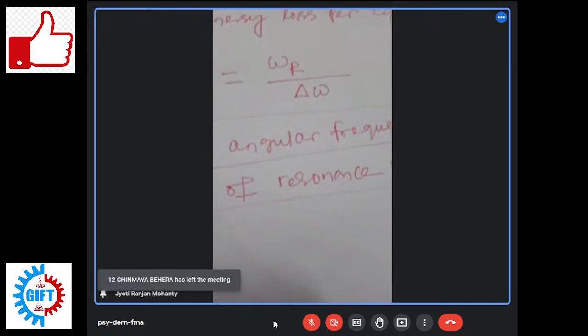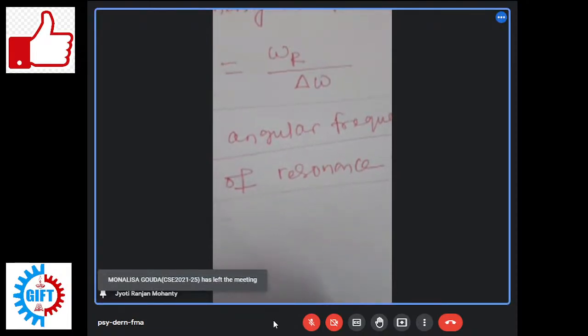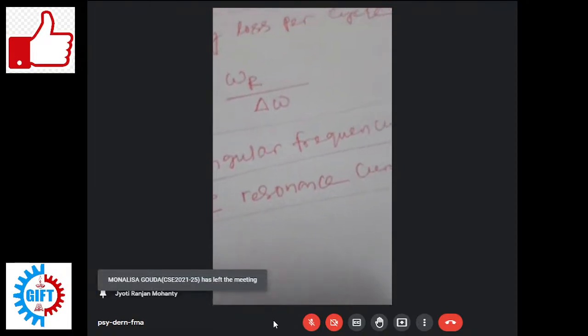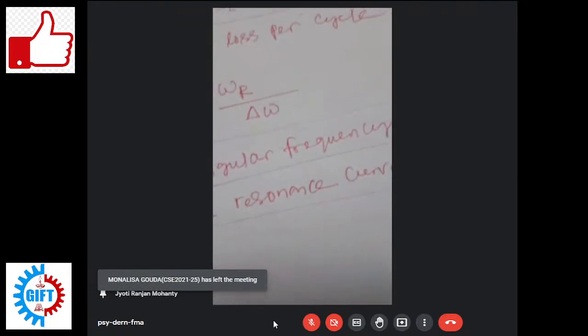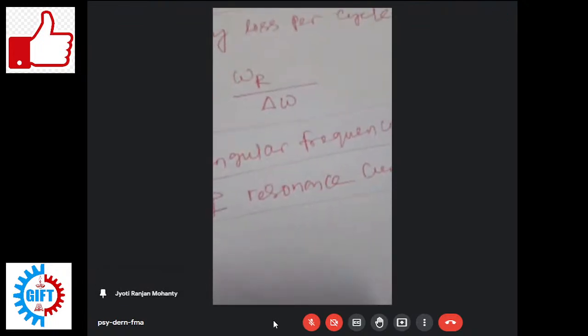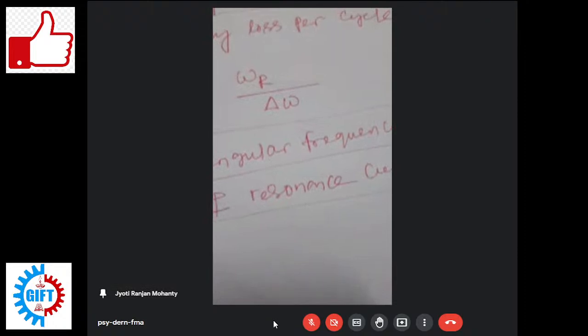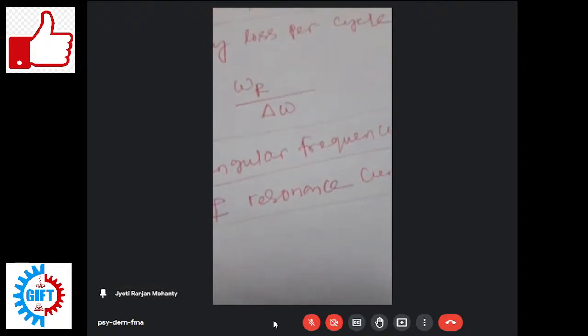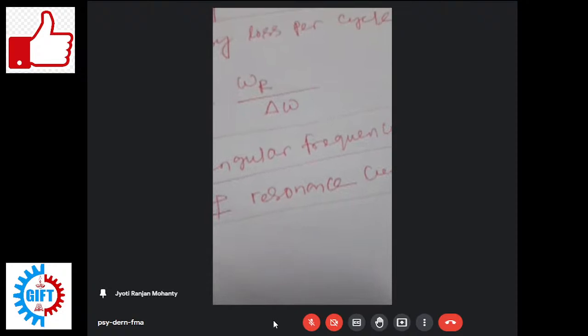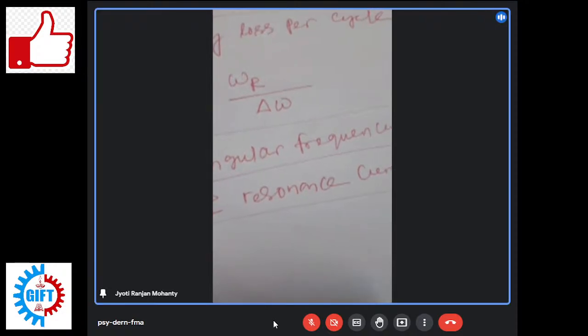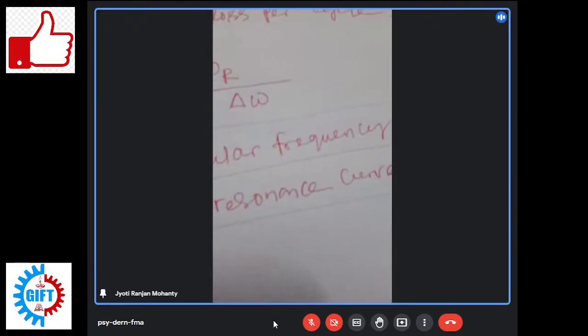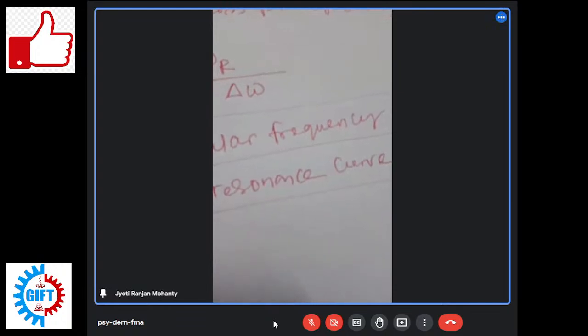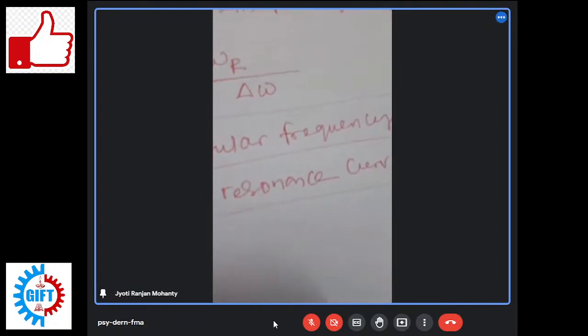It is defined as Q is equal to 2 pi into average energy stored per cycle divided by average energy lost per cycle. Q is equal to omega naught by 2 beta, equal to omega R by 2 beta, equal to omega R by del omega, or Q is equal to resonance angular frequency divided by width of the resonance curve. Very good. That is not a W, you can read it as omega R.